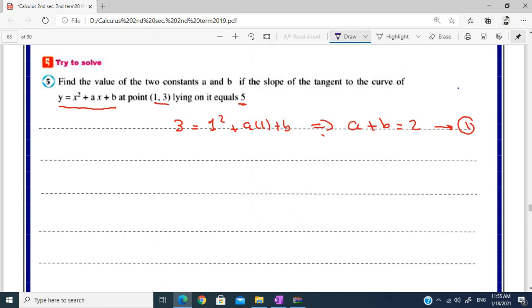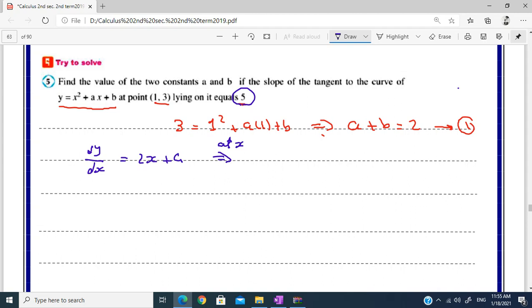The second one, the slope of the tangent equals 5, so the first derivative dy by dx equals 2x plus a equals 5 at x equals 1.